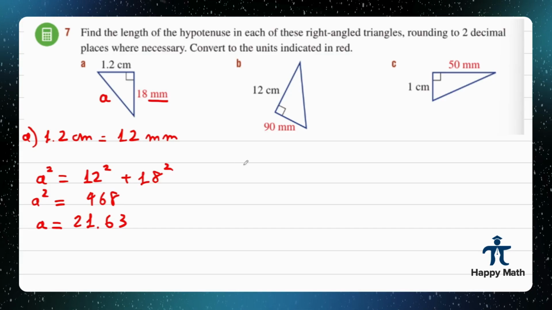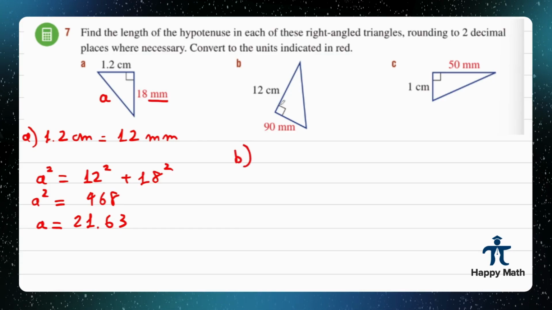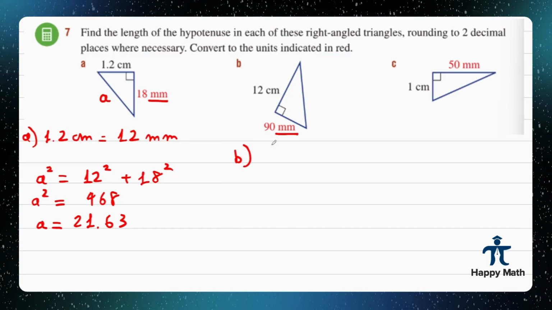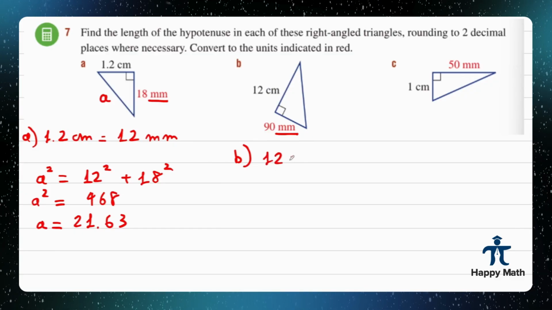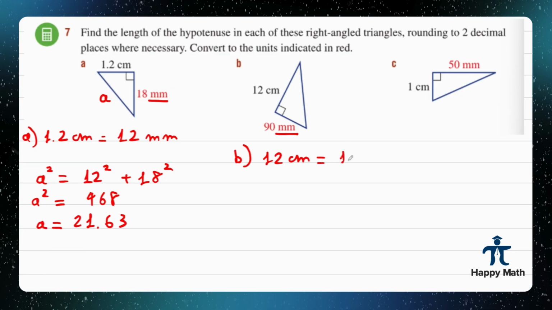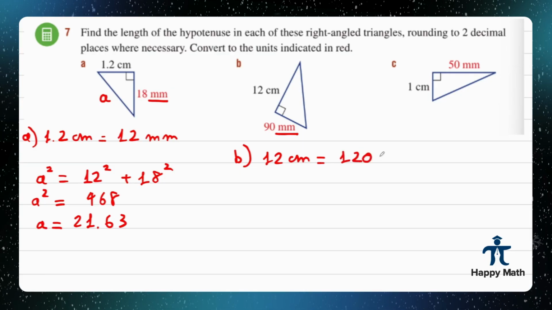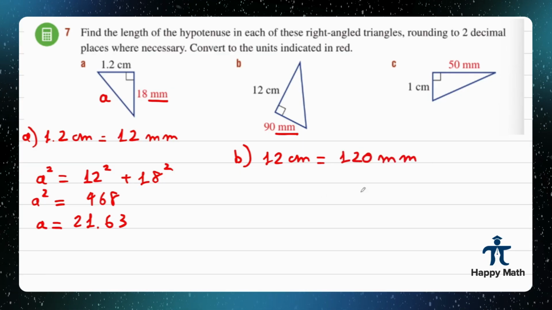You will get 21.63. Question B. Millimeter, 12 centimeter. Convert 12 centimeter to millimeter, you get 120.